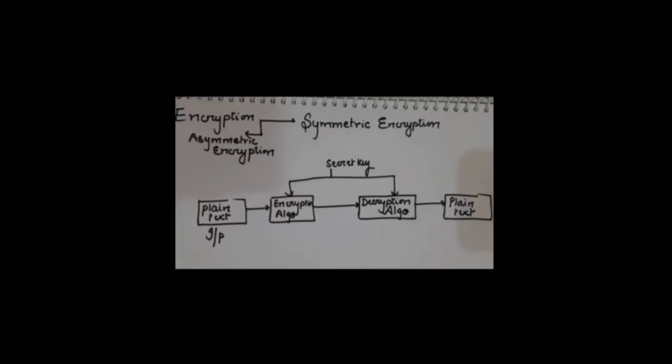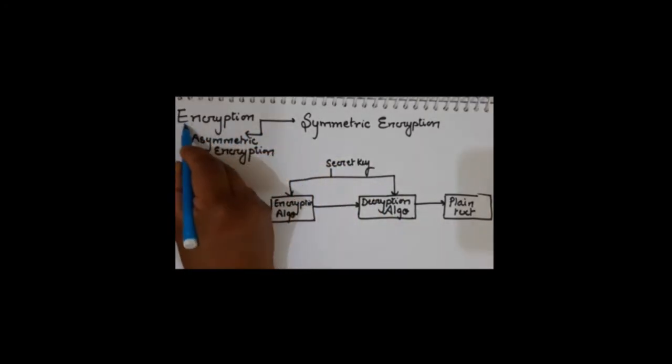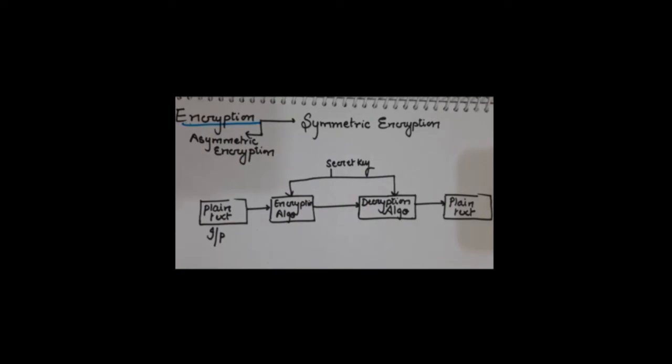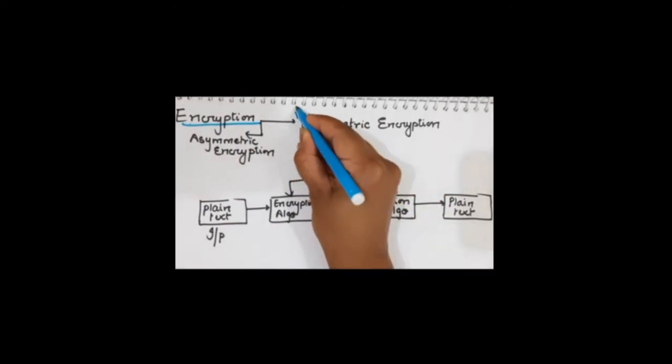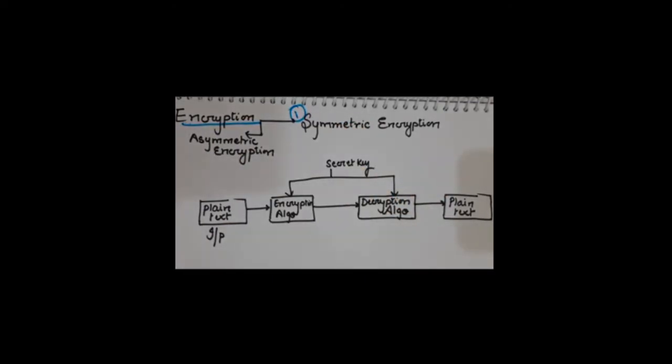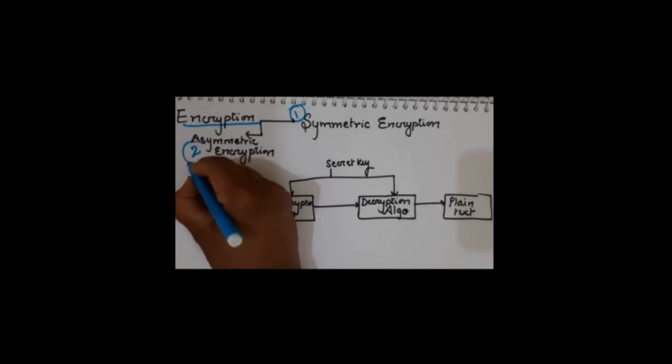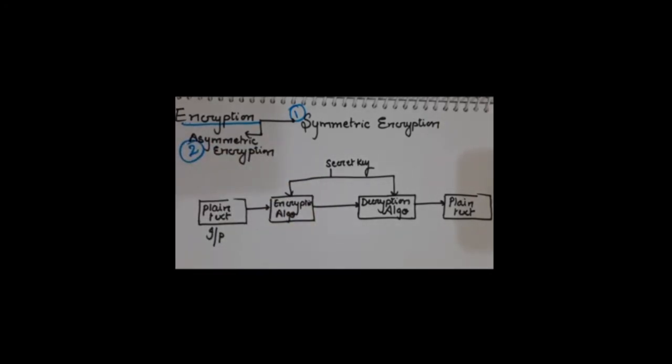Going deeper into encryption. We've already discussed what encryption is and various words associated with it. We'll be further classifying encryption. Encryption can be classified into two: symmetric encryption and asymmetric encryption. Symmetric and asymmetric encryption are widely different.